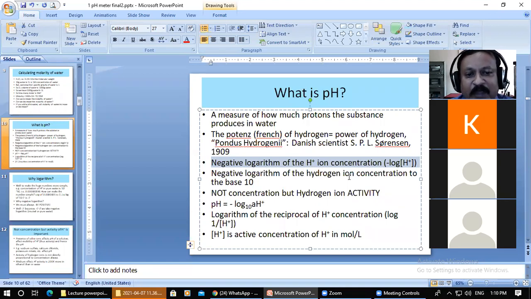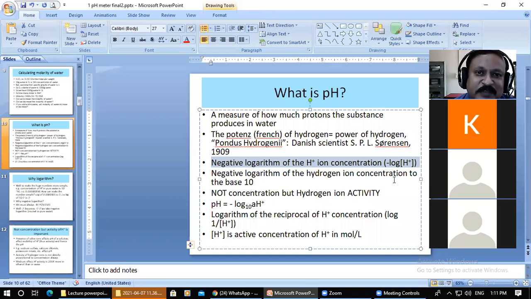Yes, sir. Okay. So negative log of H plus ion concentration, in that term, we are going to measure the pH. We write it like this: minus log of H plus ion concentration. And then I have written this H plus ion in square bracket. So what is the meaning of the square bracket? Concentration. Why is it a square bracket? It means concentration.